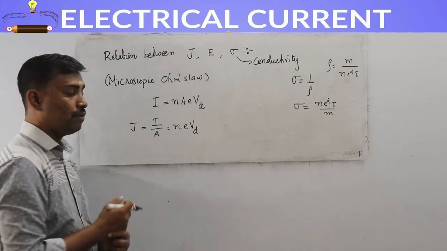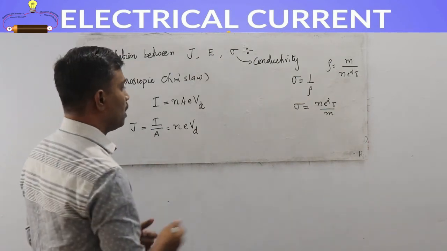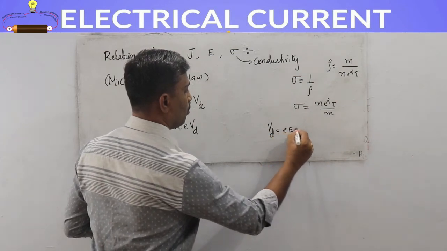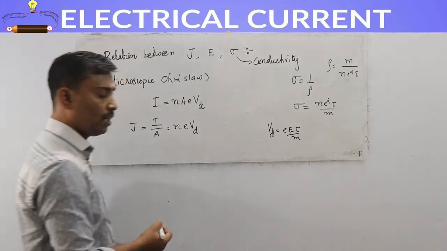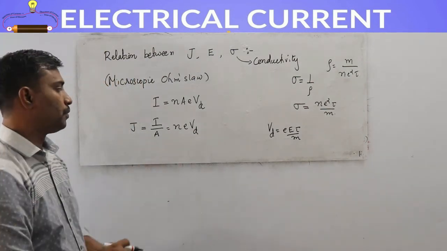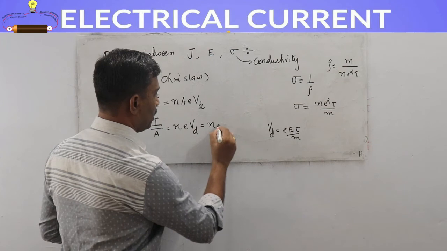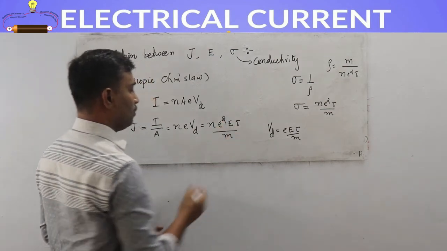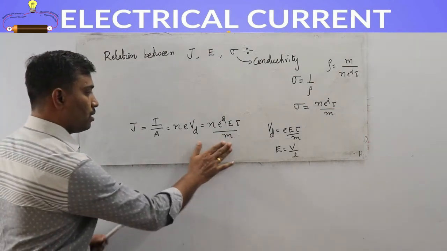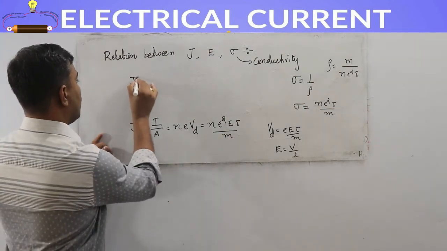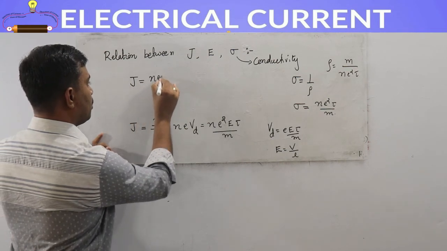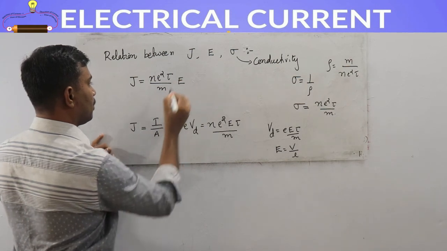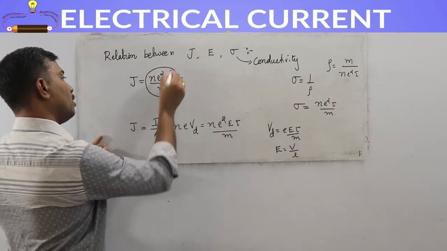But we know the value of drift velocity: Vd is equal to e E tau by m. We substitute the value here, so we get n e square E tau by m. Here we can write J is equal to n e square tau by m into E. What is n e square tau by m?